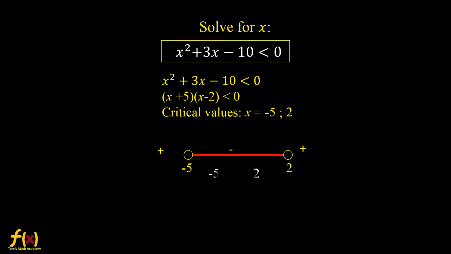So the answer is also going to be between minus 5 and 2. Minus 5 less than x less than 2, or you can also write in a round bracket x element of (minus 5, 2). That is the method of answering the inequality questions.